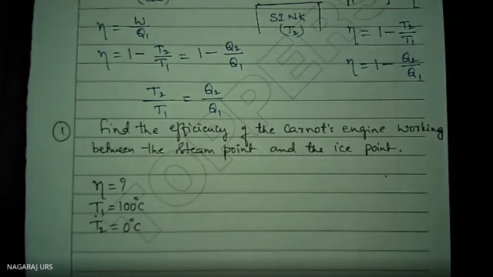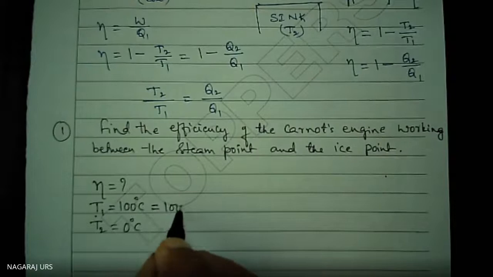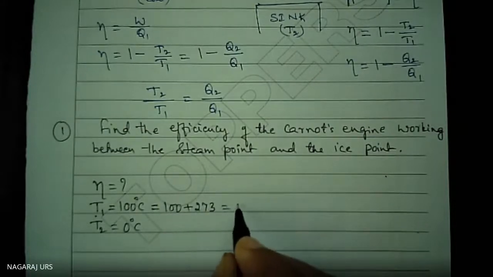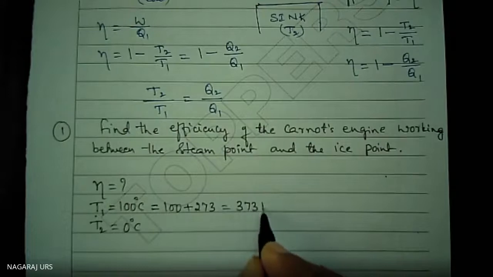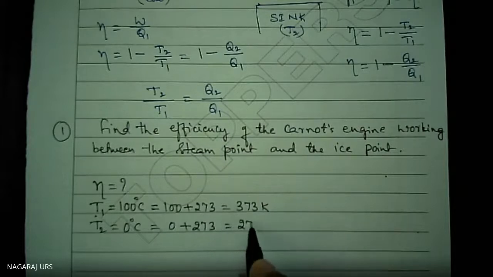We should not solve the problem like this. We want to convert this into Kelvin. 100 plus 273 is equal to 373 Kelvin. This is 0 plus 273, that is equal to 273 Kelvin.